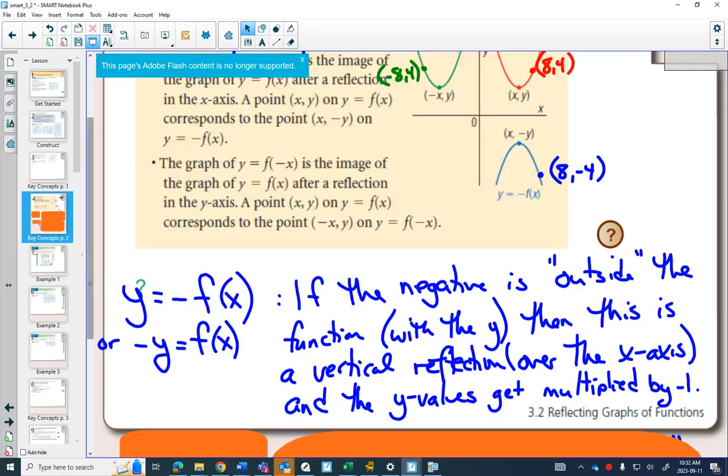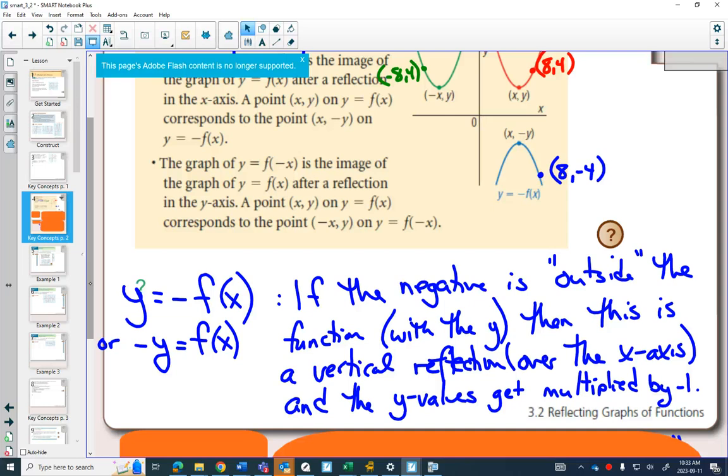If the negative is outside the function, and in brackets there I write with the y, because you could move the negative to where the y is, then this is a vertical reflection. That vertical reflection is over the x-axis. It affects the y values, and the y values get multiplied by a negative 1.